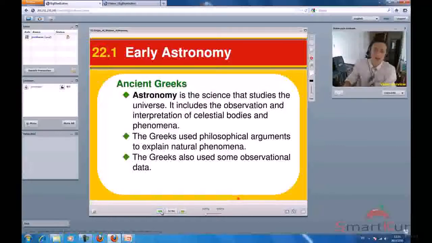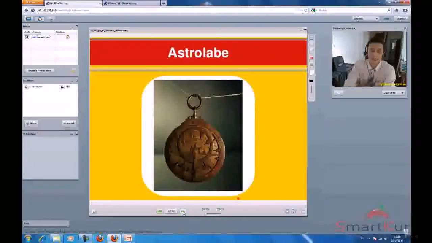The Greeks used philosophical arguments to explain these phenomena. They also used observational data. On the next slide, number 6, we see an example of what's called an astrolabe. Now, an astrolabe is a tool that, again, people have been using for thousands of years, and not just the Greeks, but also Persians, Arabs, Chinese, Indians.